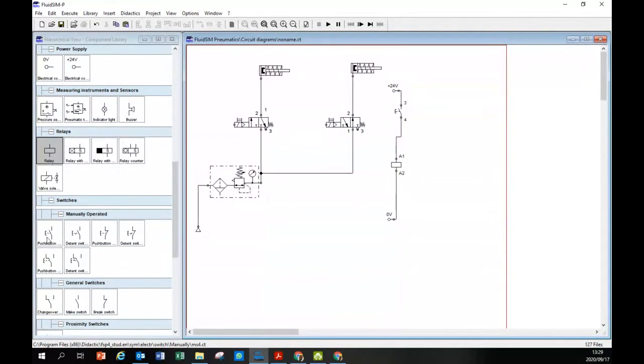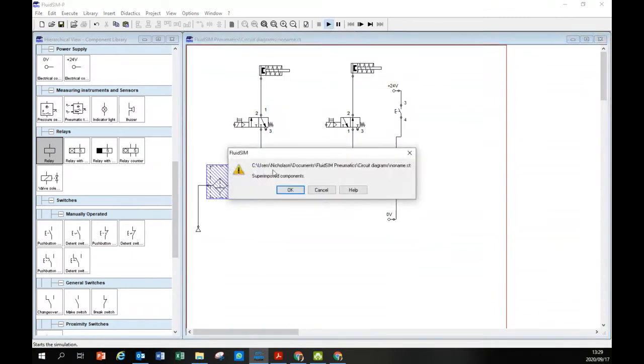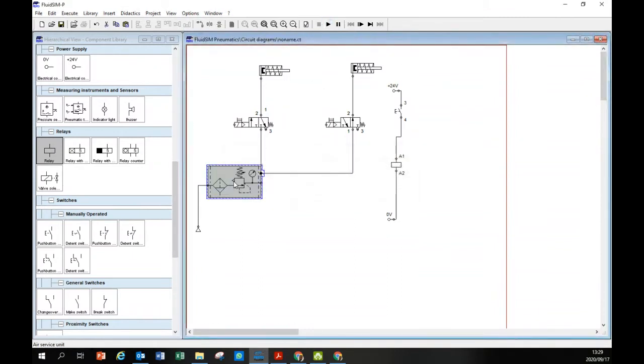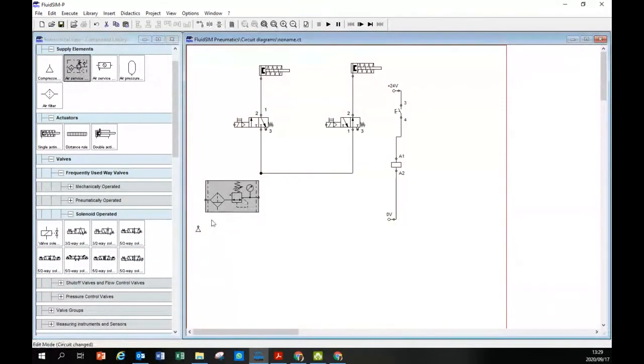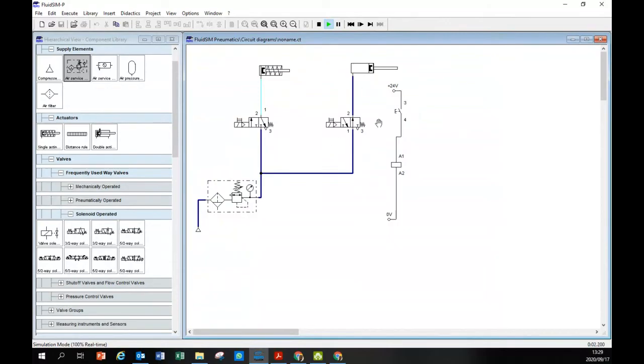You still remember it? All of you attended my lab. So it's a normally open. I am going to simulate. Okay, why am I getting this error? I'm just going to delete this and put it again there and connect it.